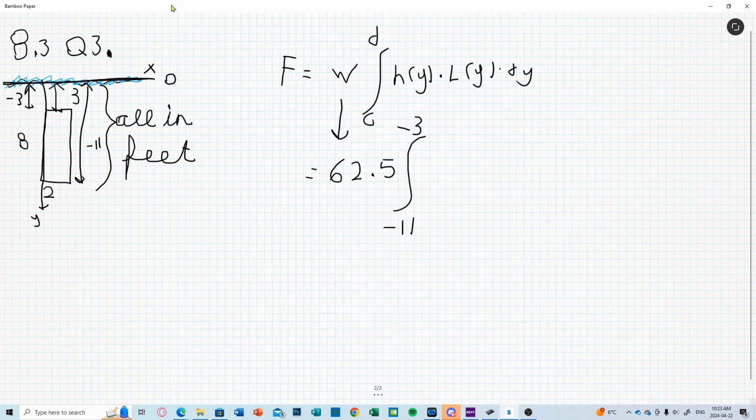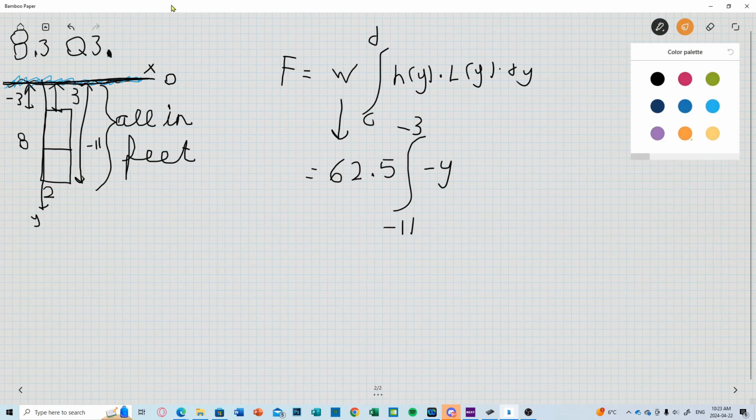Since we put our x-axis right at the top, we don't have to worry about all the silly things for the h of y. We can always just make it -y no matter what, because no matter where this imaginary line is, the height of that line is always going to be -y. I'll put this in a different color, orange.